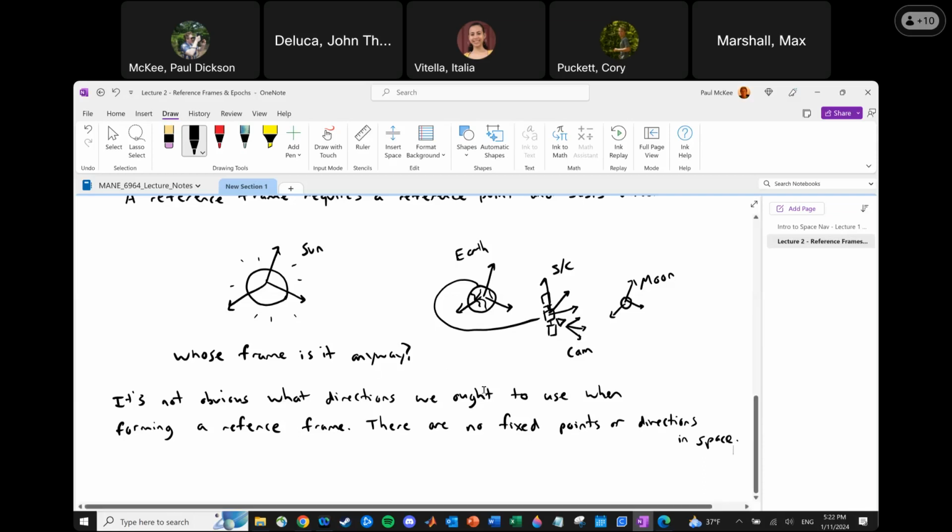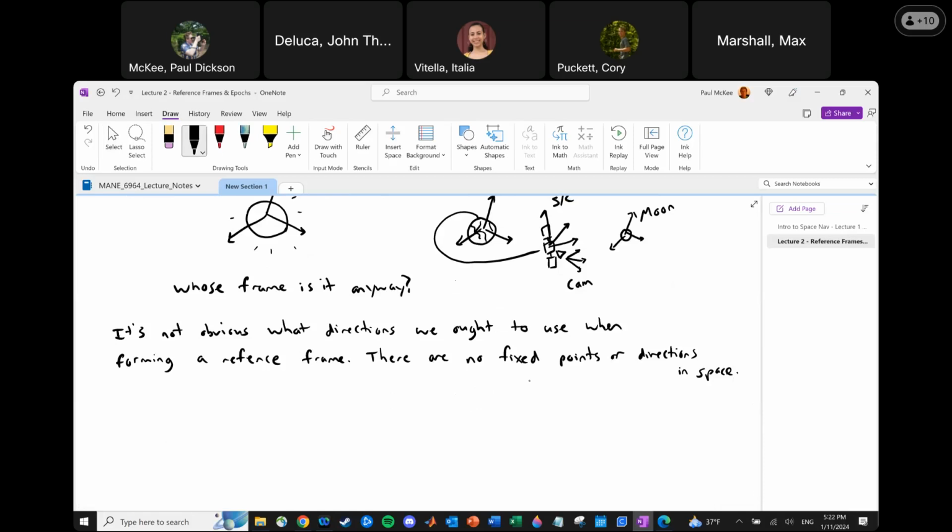So instead, what we do is define a direction as it was at some particular point in time, what we call an epoch.